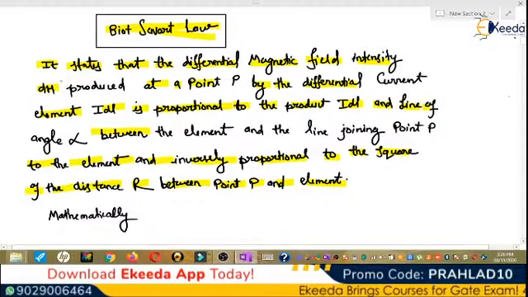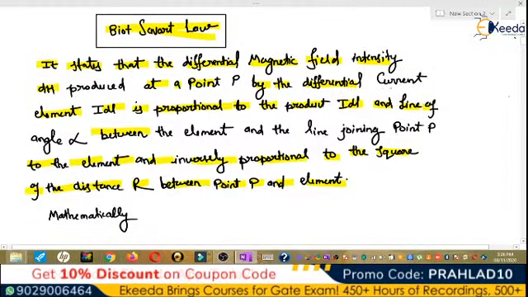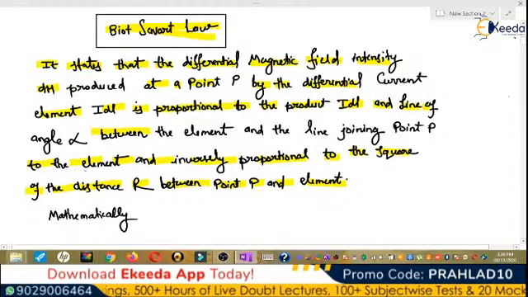So Biot-Savart law states that the differential magnetic field intensity dH produced at a point P by the differential current element I dl is proportional to the product I dl and sine of angle alpha between the element and the line joining point P to the element, and it is inversely proportional to the square of the distance r between point P and the element.